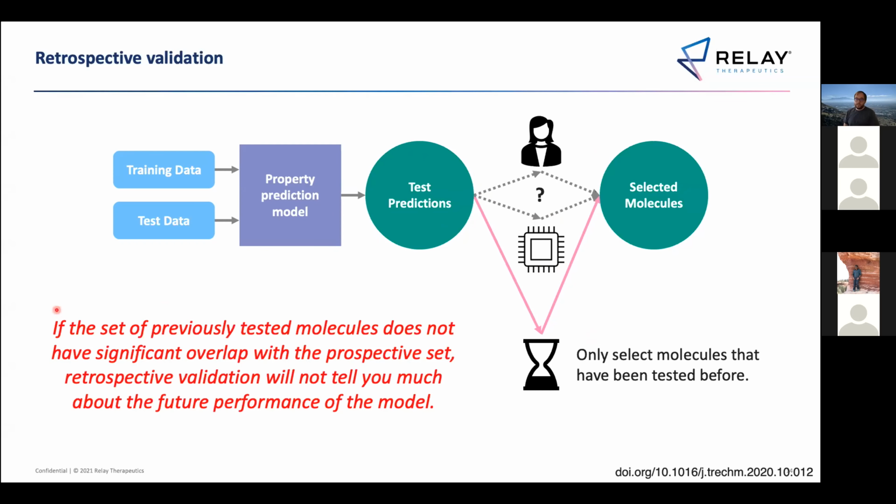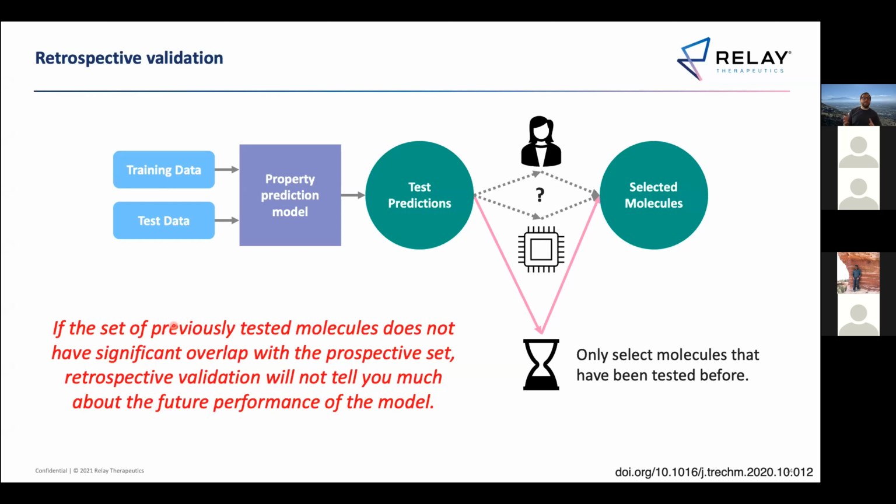And here's another takeaway that I'd like to highlight. If you have a data generation process and you're evaluating it retrospectively, if the set of the previously tested molecules doesn't have significant overlap with the prospective set, the things that you would make if you had the resources to do it, retrospective validation just is not going to tell you that much about how the model is going to perform in the future.